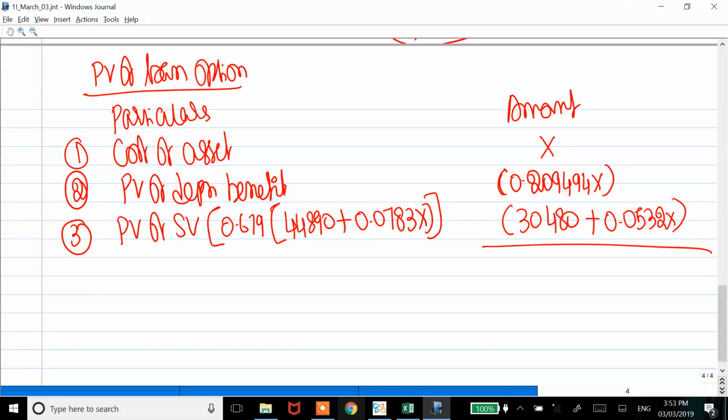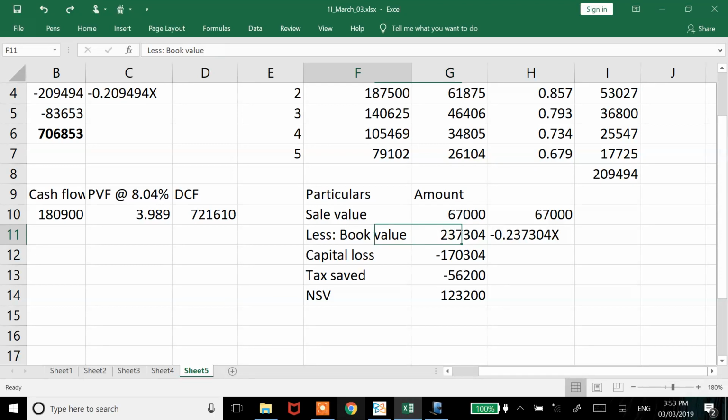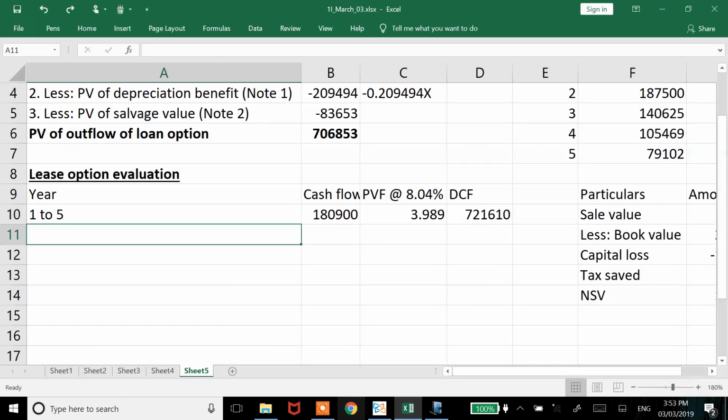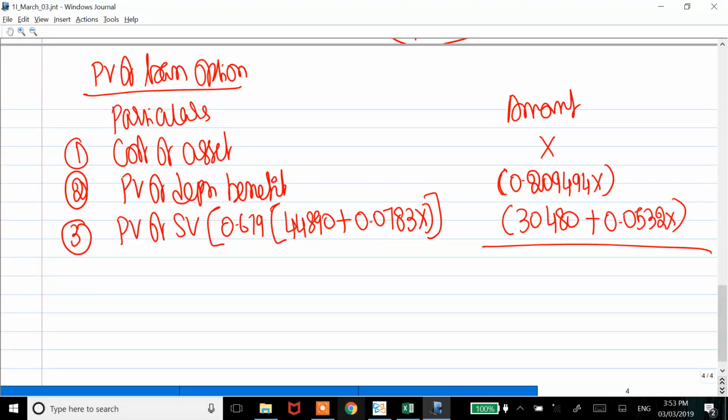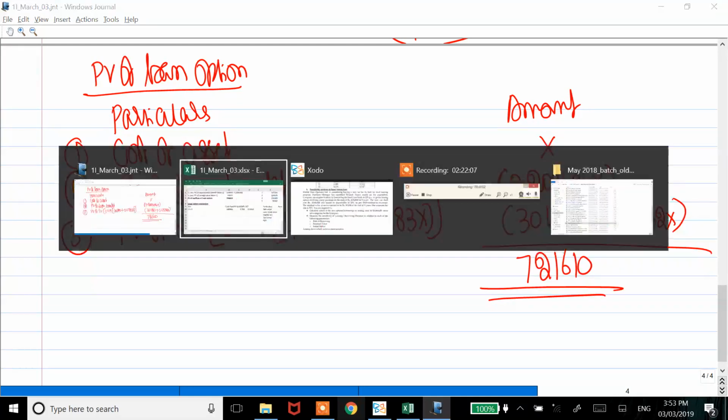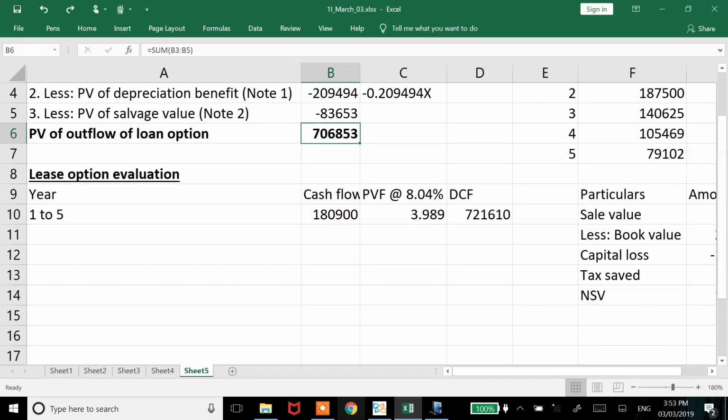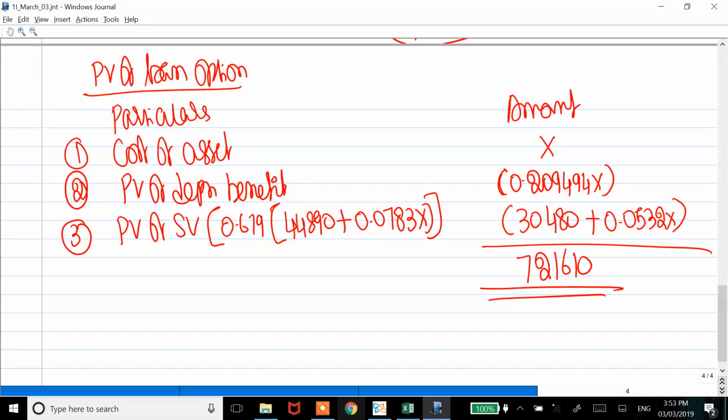I'm going to equate this to 721,610. If you substitute 10 lakhs in place of X, you should get 706,853.